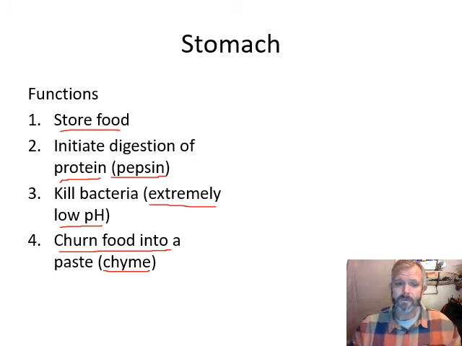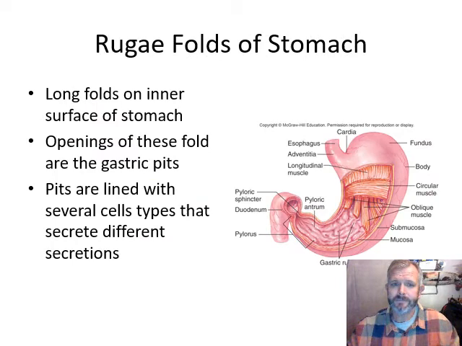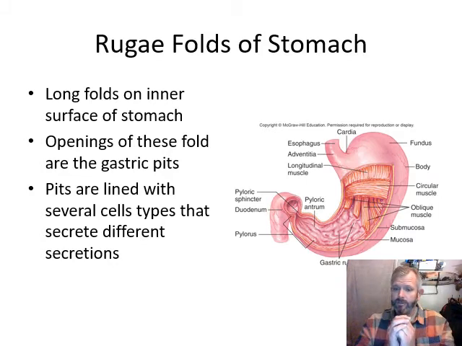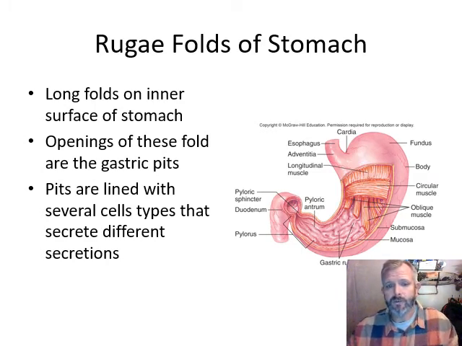Okay, what we're doing in the stomach, let's look closer at these functions that are taking place. If you remember the rugae folds, they allow us to store food, allow distension, allow us to expand the stomach. We'll also see in these folds there are the gastric pits, where we're going to get secretions of materials.